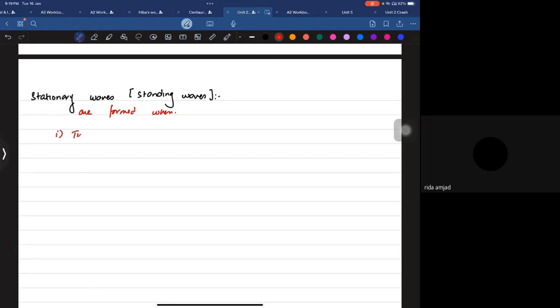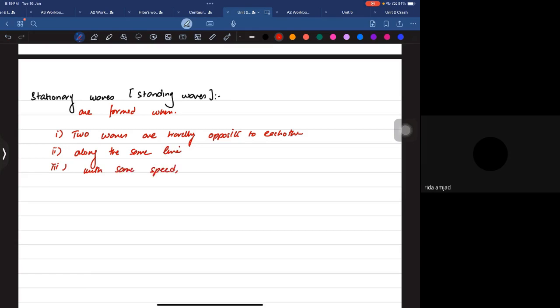Number one, two waves are traveling opposite to each other along the same line with the same speed and wavelengths. When they combine, they're going to form a stationary wave. Is it clear, kids? I'll explain what a stationary wave is in a bit. You can write this down first.